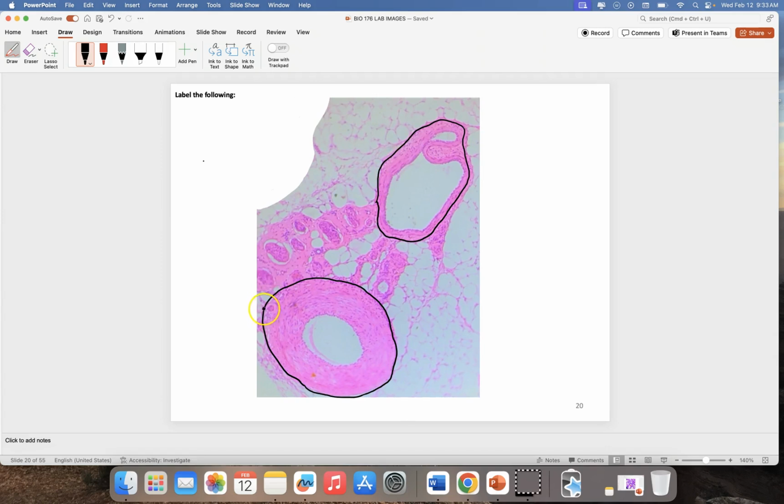What we have then is we have an artery, and then over here, we have the vein. Arteries are going to carry blood under a higher pressure than the veins.